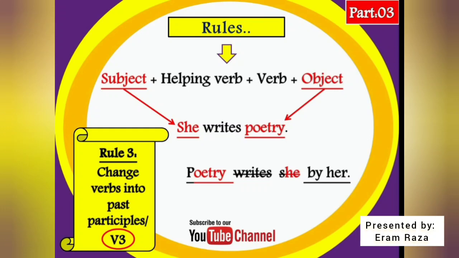The third rule is: change verbs into past participles. If you remember, the past participle is the third form of verb. We have to use the third form of verb in all passive voice statements. In an active statement you can have the first form of verb, simple past, past participle, or present participle. Any form of verb if you're using an active statement.